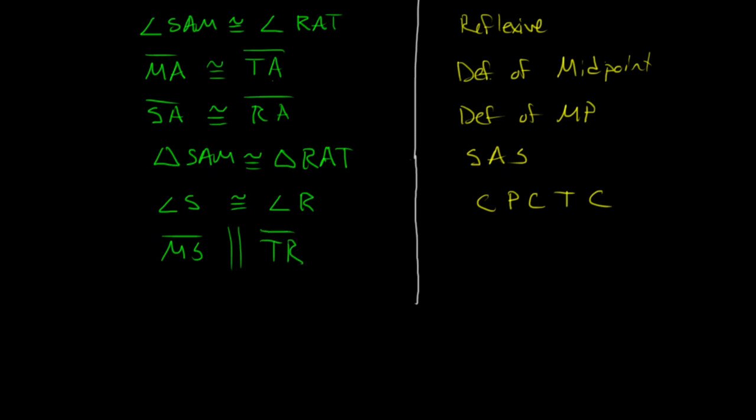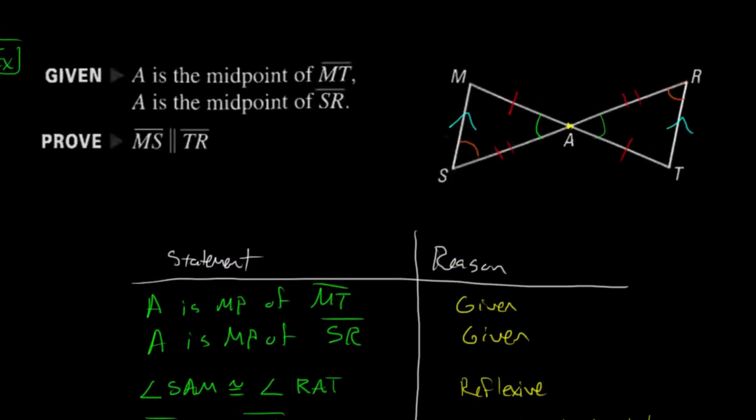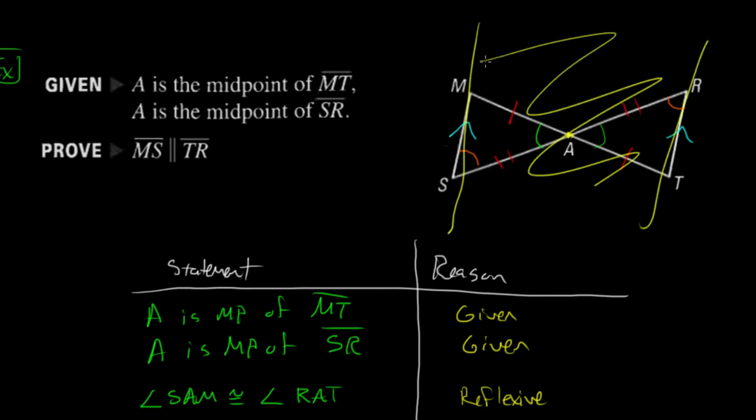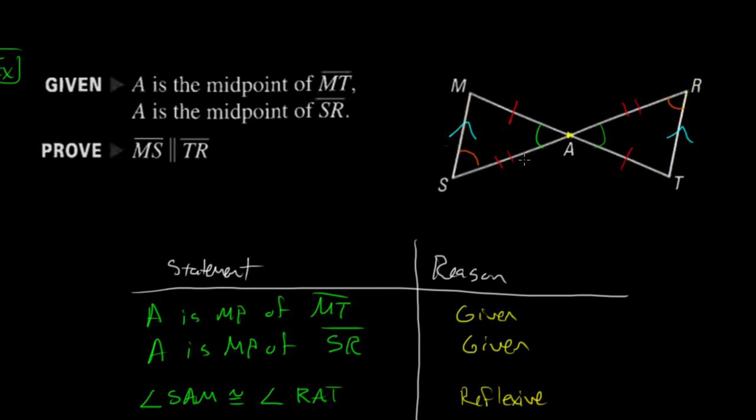And the reason that's true, you might have to recall back maybe a chapter or so. Now angle S and R were alternate interior angles. They're interior as in inside between these two lines that may or may not be parallel. And they were on alternating sides of the transversal that cut between those two lines.